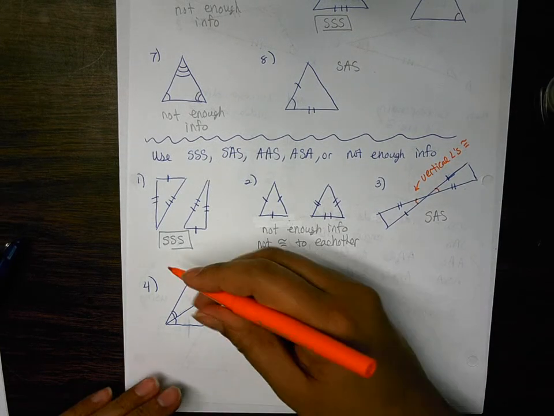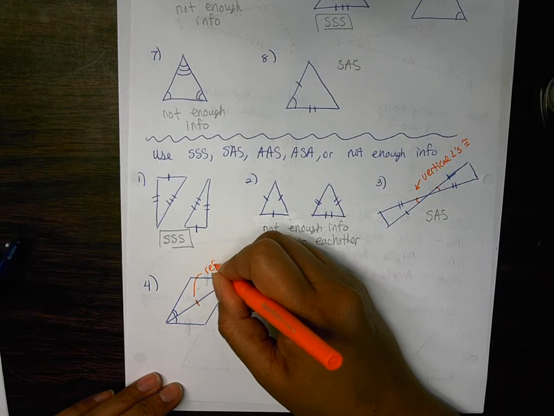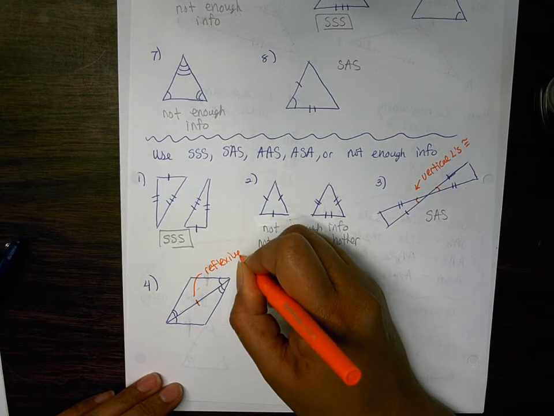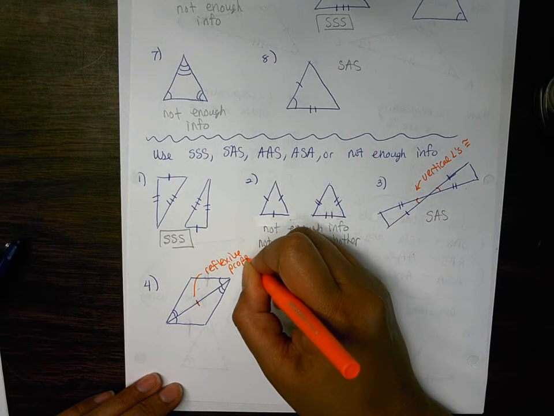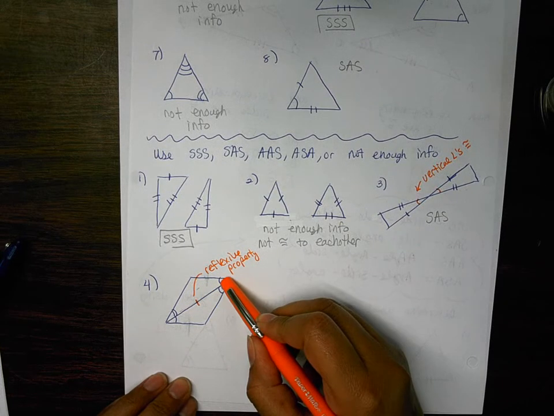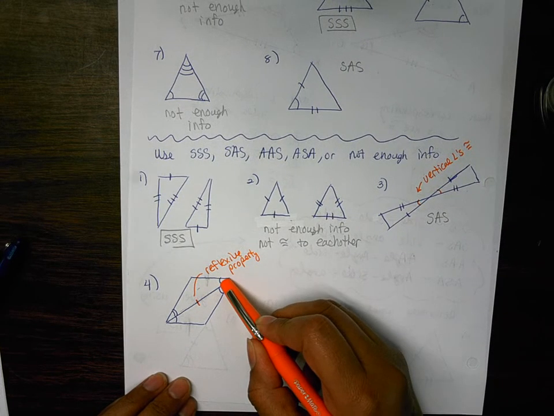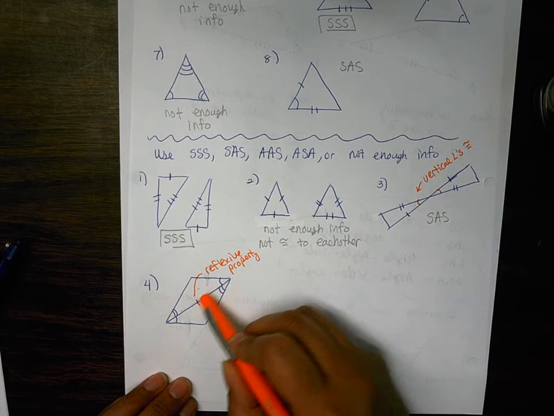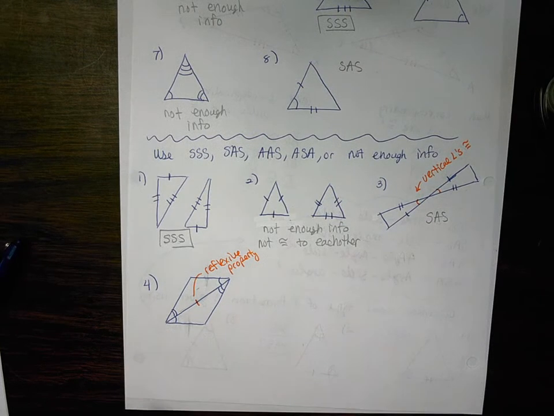reflexive property. Do any of you remember that from last year? Reflexive property is anything equals itself. 5 equals 5, x equals x, 3 equals 3. This side is congruent to this side. Do you agree it's congruent to itself? Yes? Okay.